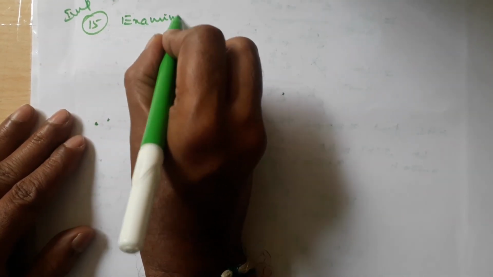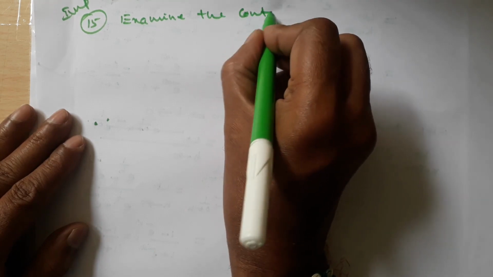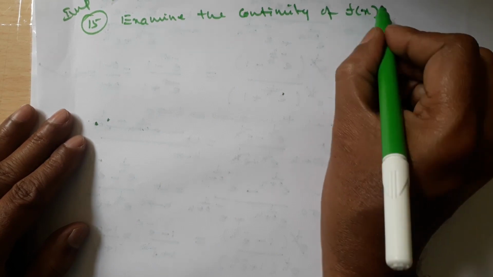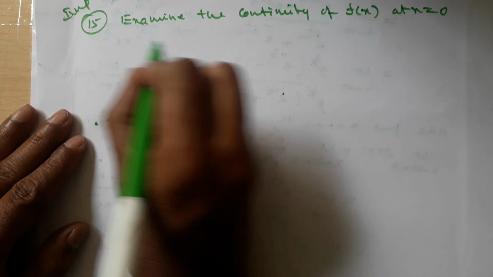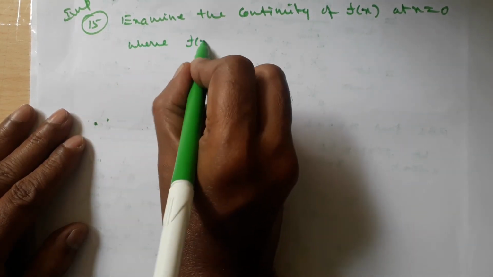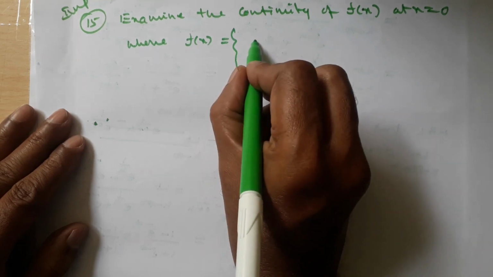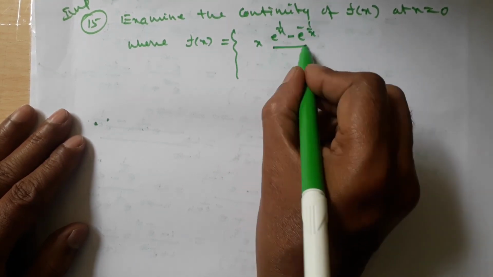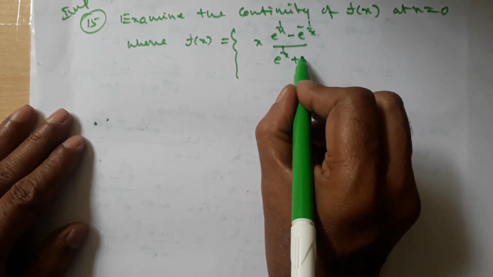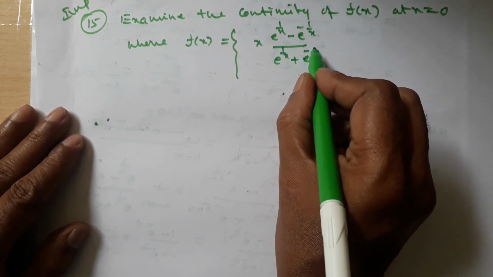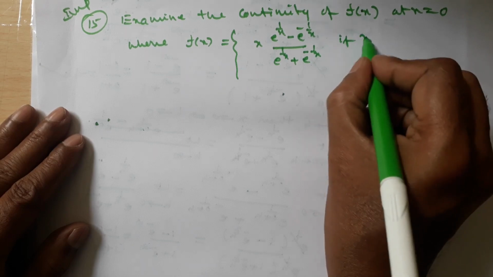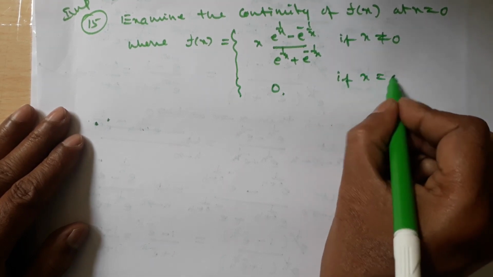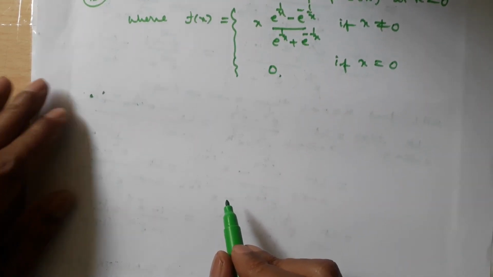Examine the continuity of f of x at x is equal to 0, where f of x is equal to x into (e power 1 by x minus e power minus 1 by x) divided by (e power 1 by x plus e power minus 1 by x) if x is not equal to 0, and is equal to 0 if x is equal to 0. Verify the continuity of this function.